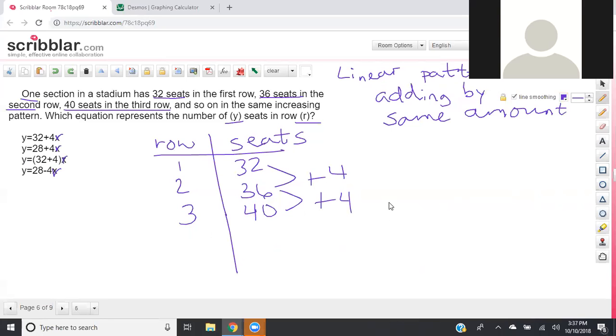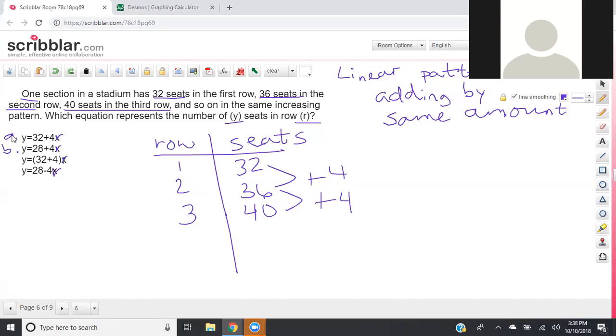And it's going to be that same amount every time if it's a linear pattern. They're not always going to say it's linear. Sometimes they literally do. But if you add the same amount every time, it's linear. So there's a couple ways to then do this problem. You could do what we have been doing and actually just try each answer choice.